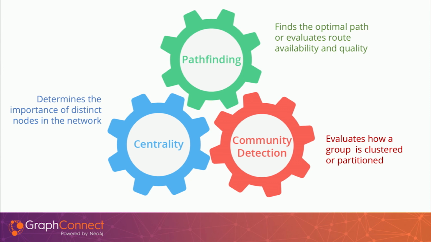That means a set of community detection algorithms like union find, Louvain, label propagation, and so on, and strongly connected components. The last one is pathfinding, which is all about Dijkstra, so finding shortest paths, finding all shortest paths between a number of nodes, single source shortest paths, and so on.